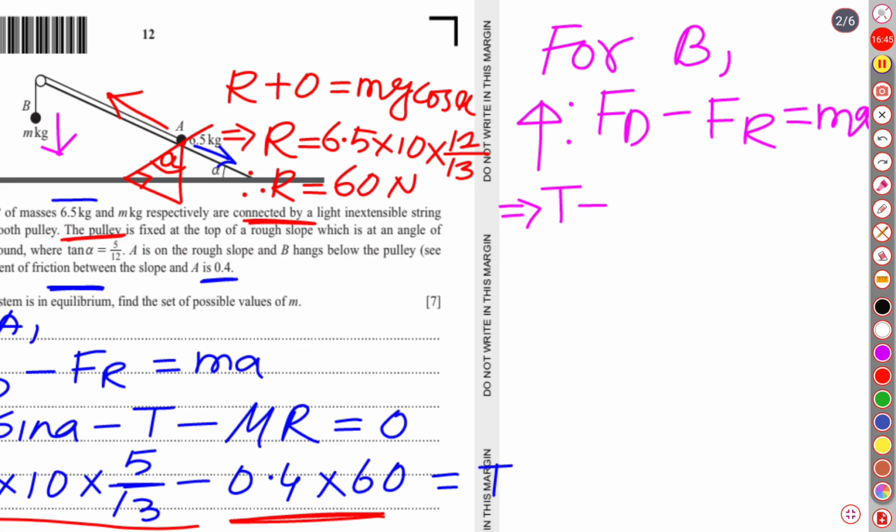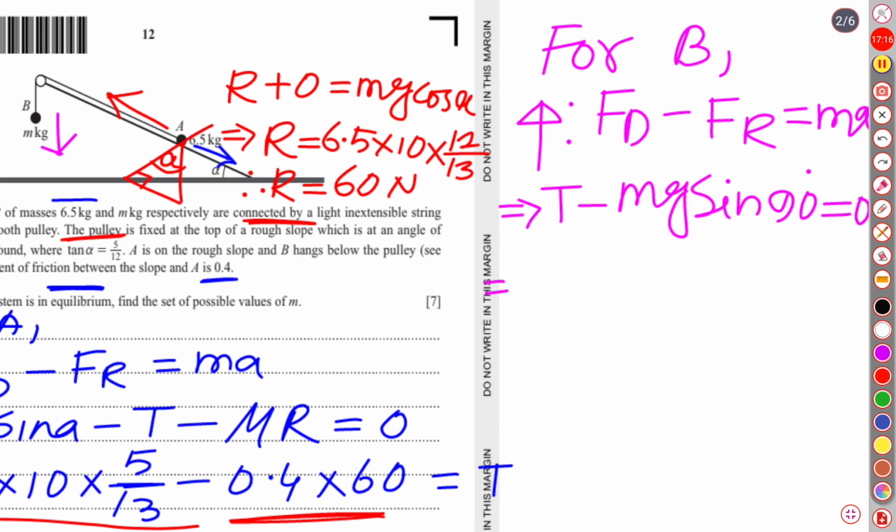Weight is mg, cos 0 degree, because the angle is 0 in terms of this. Or if you use sine, it's all the same, sine 90 degree. Right side must be 0, because the system is in equilibrium.